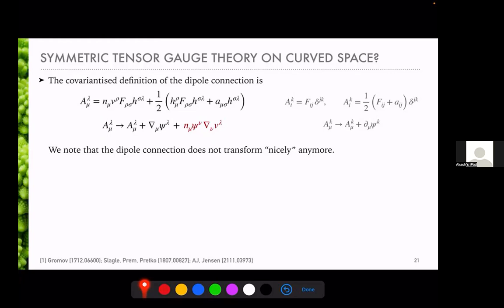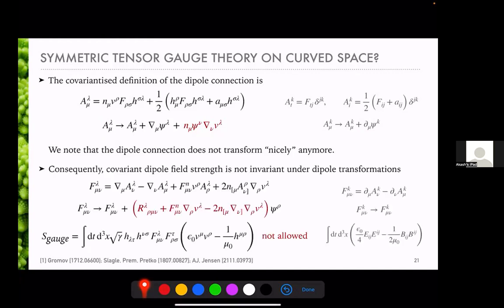It has a piece that goes similar to before, but now there is an additional piece that depends on the derivatives of the frame velocity. So if you are in a background in which your frame velocity depends on space and time, then this generalization of the dipole gauge field is not going to transform covariantly anymore.